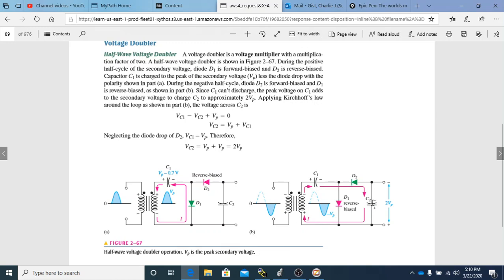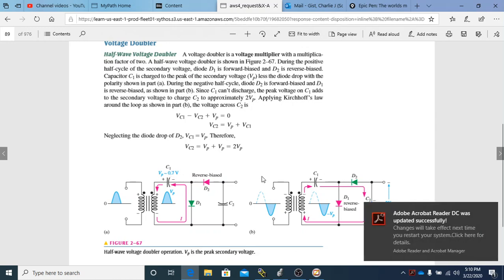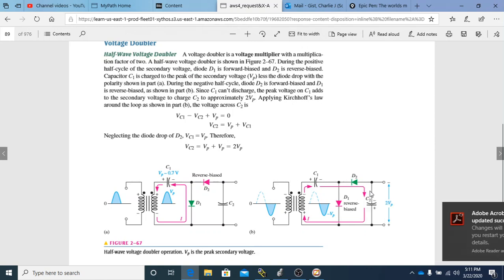So it's going to add to the secondary voltage to charge C2 to approximately 2 times VP, which makes sense. And that's approximately because we're going to have that drop across C1, so it's going to be VP minus the 0.7 here on C1. So that amount of voltage is going to be added to C2. So that's why it's approximate.